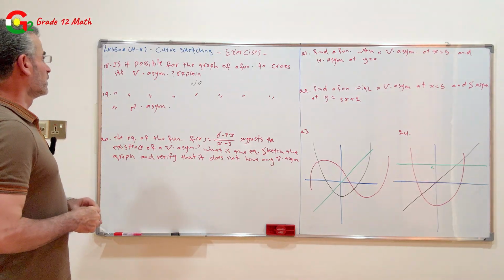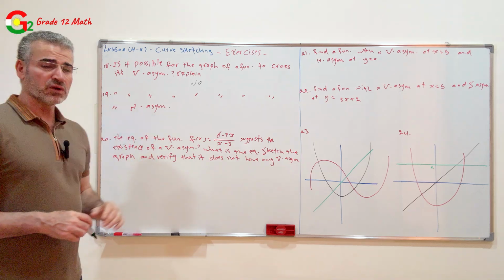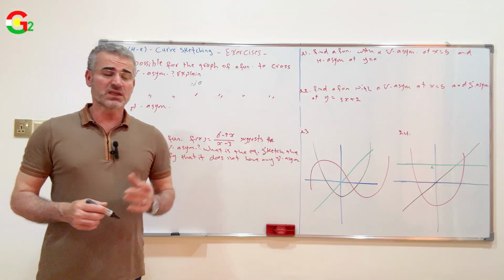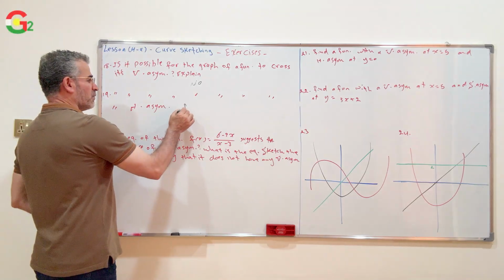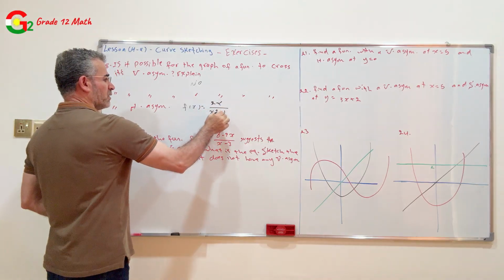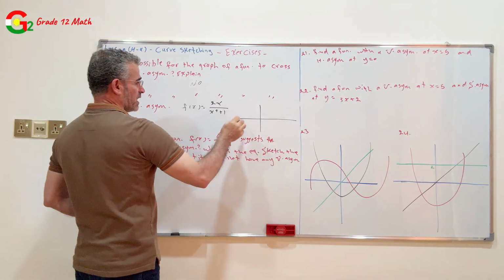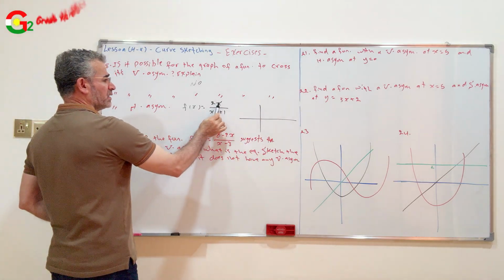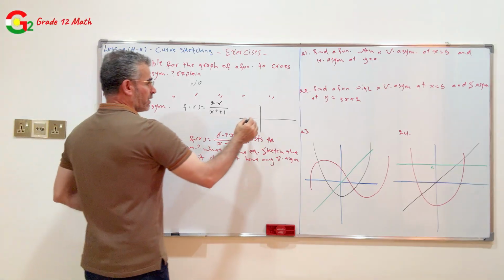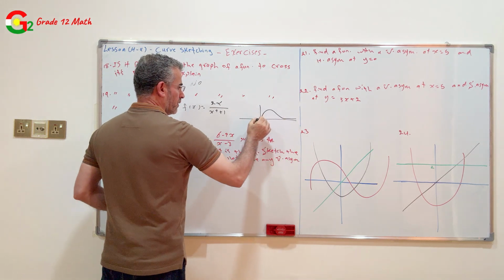19. Is it possible for a graph of a function to cross its horizontal asymptote? Yes, it is possible. For example, if we take f of x equal to 2x over x squared plus 1, the function has a horizontal asymptote at 0, since the degree of the numerator is less than the degree of the denominator, and the graph looks like this.